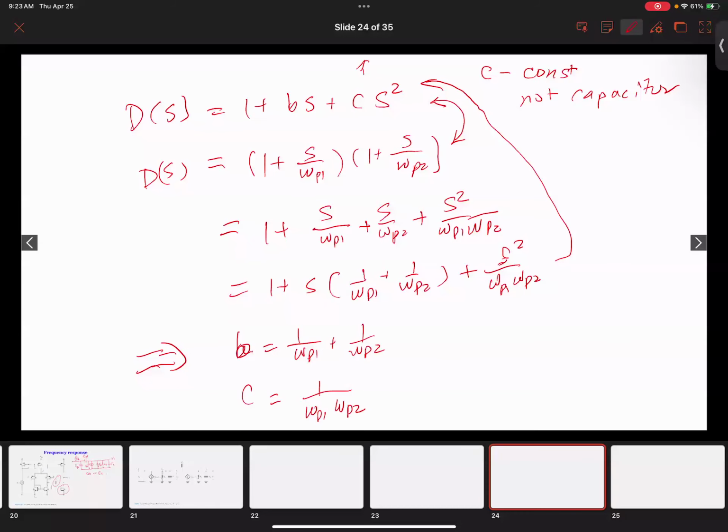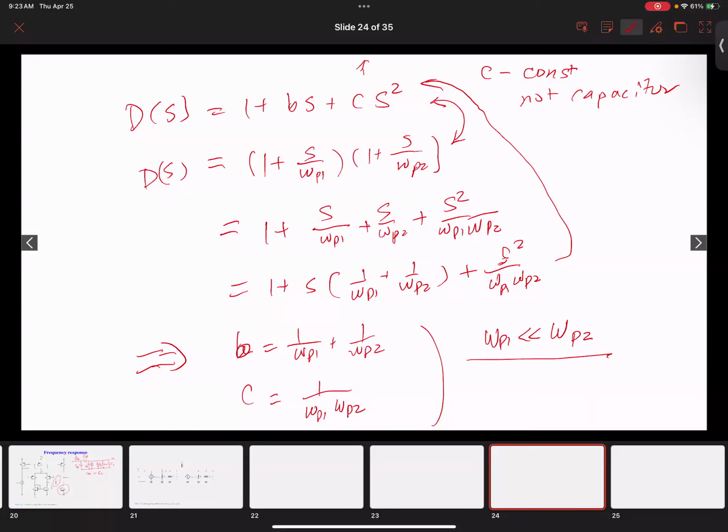And what we also know, now this will need some kind of experience to know what happened. But if you actually plug in the numbers, you will find that WP2 is significantly larger than WP1, which means WP1 is significantly less than WP2.